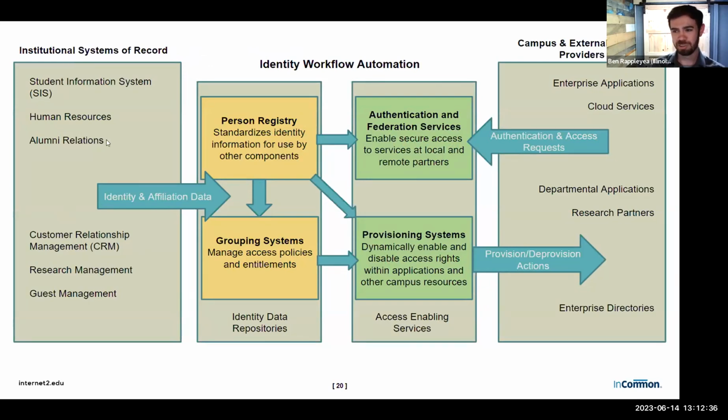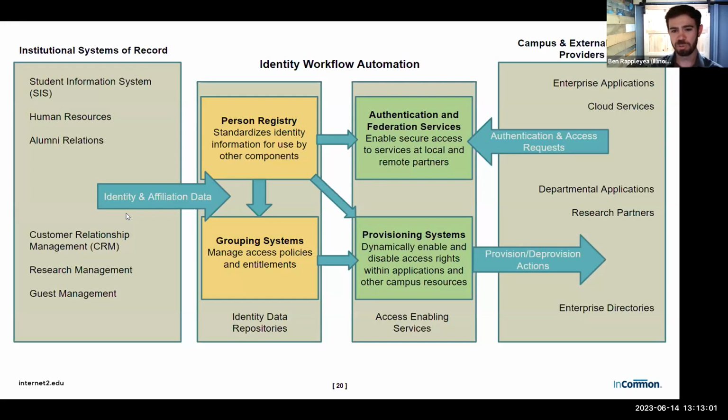At ISU, we base a lot of our stuff off of the community. We have a flow of data that pulls from institutional systems of record, and that can be any number of systems. But I would call them our inputs, if you will. So you've got your student information systems, your human resources, alumni relations, and those feed into your person registry.